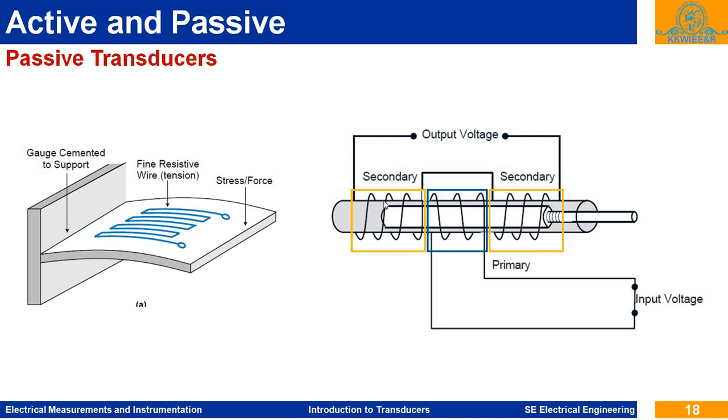Another example is LVDT, linear variable differential transformer or transducer. Here there are 2 windings. This blue one is called the primary winding, where the input AC supply is given, and the secondary winding is shown in this yellow box.